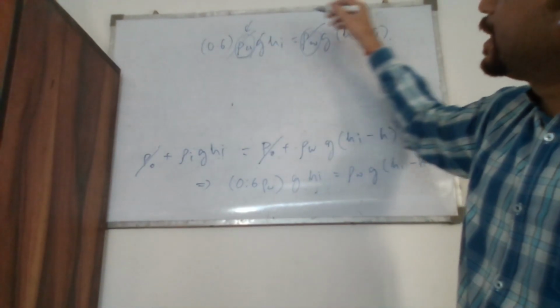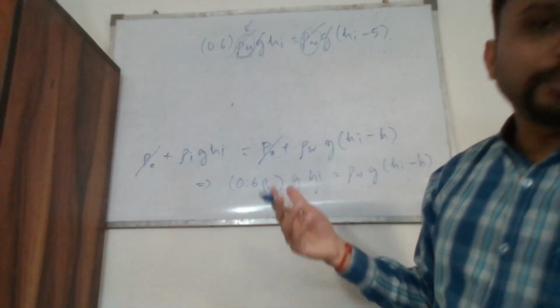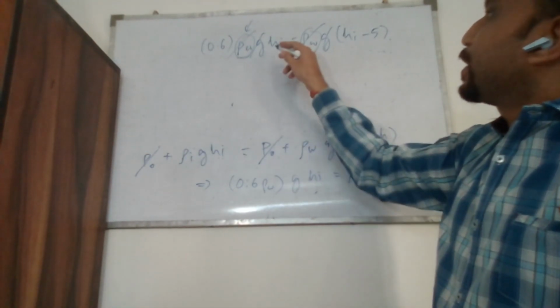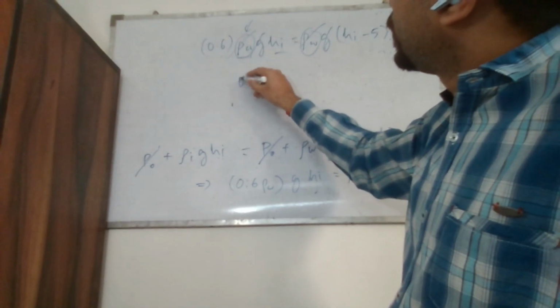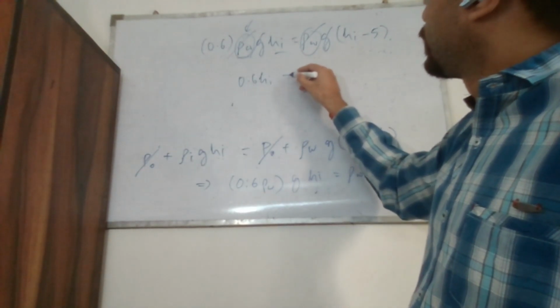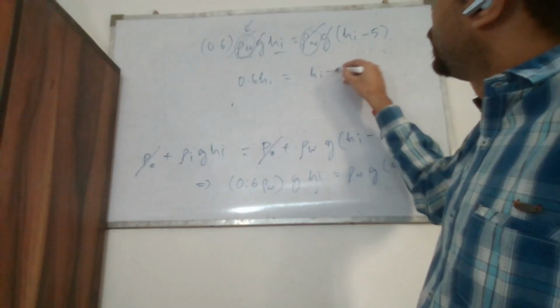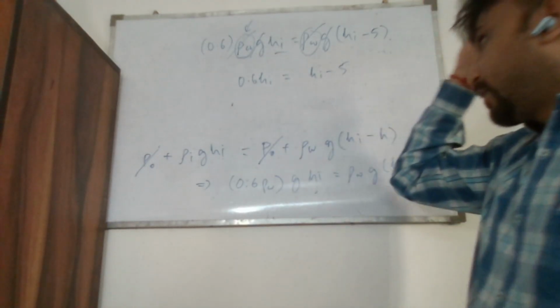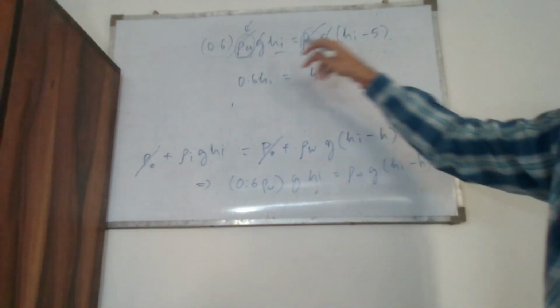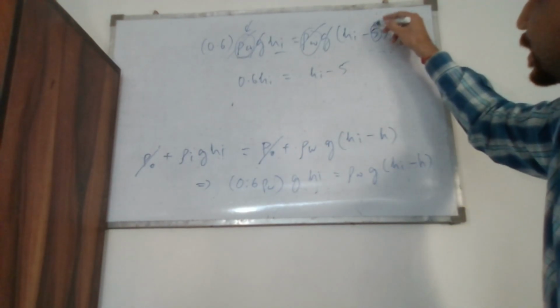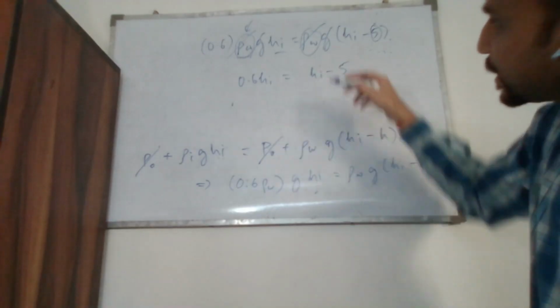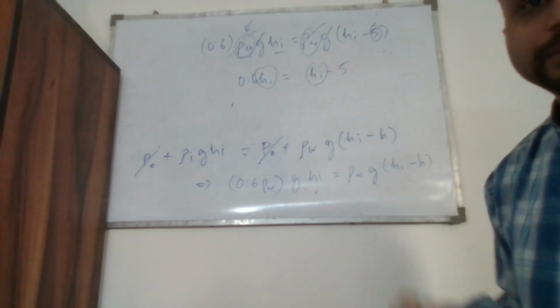G also will get cancelled out since both sections of fluid are on the same planet. And HI is what we have to find. So this is simply 0.6 times HI equals HI minus 5. Again, HI and this whole thing will have the same unit. Even if we had converted 5 centimeter into meters, HI would follow the same unit on its own.